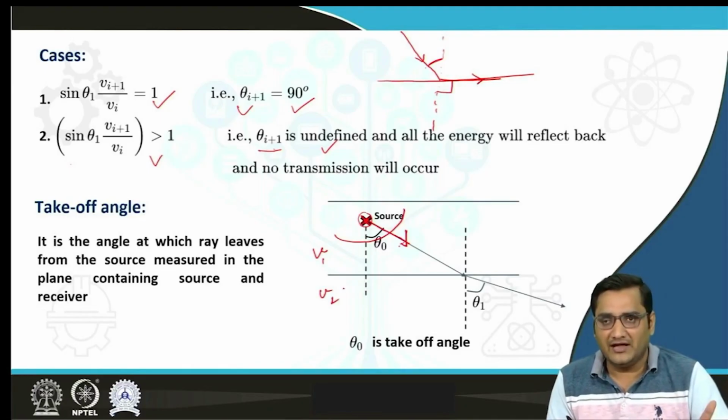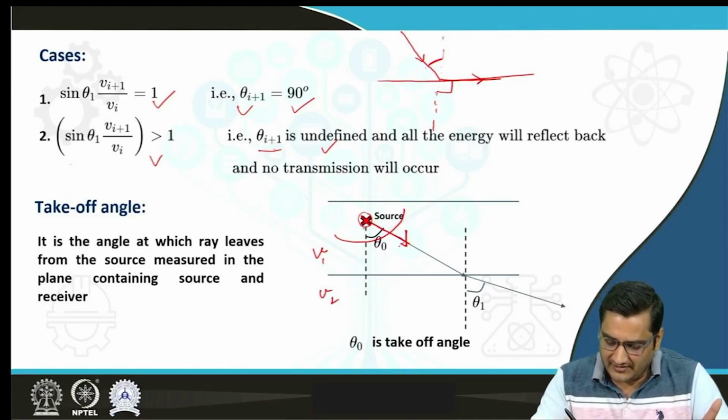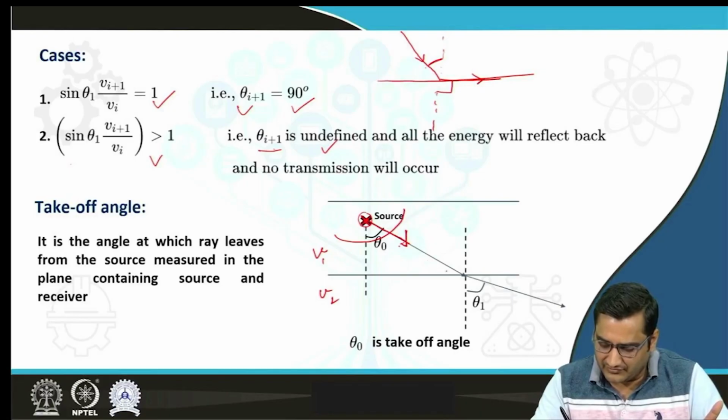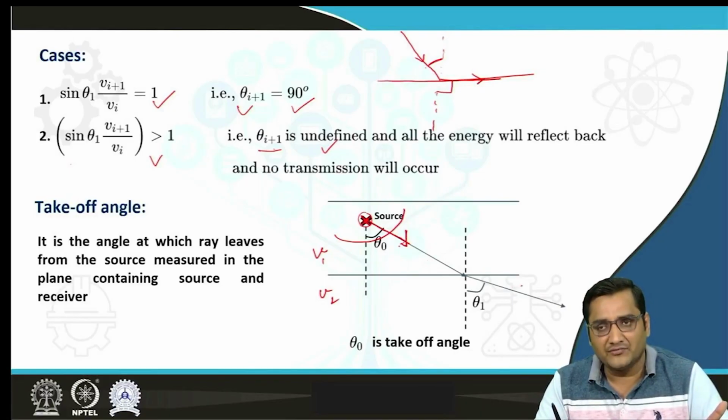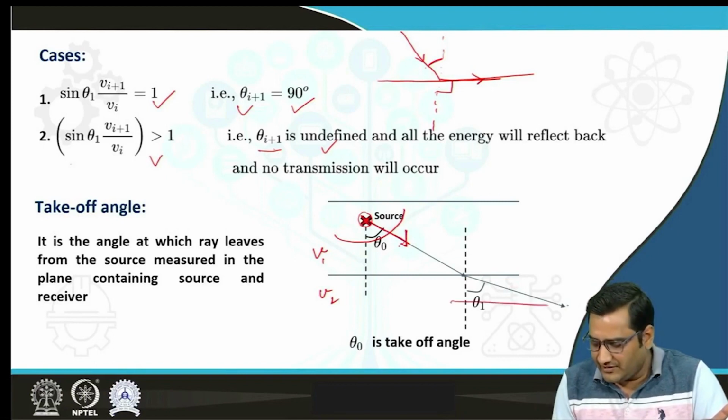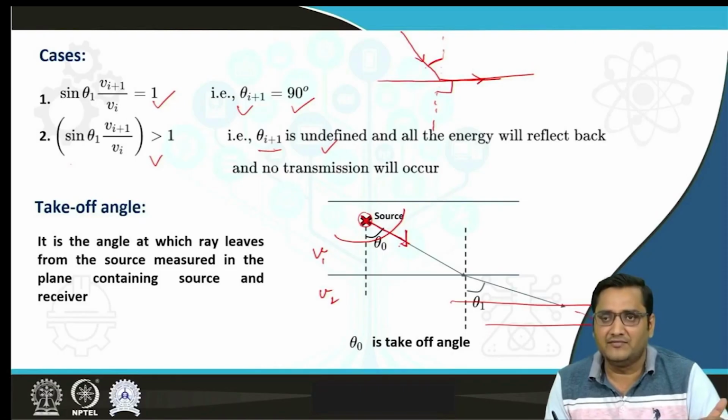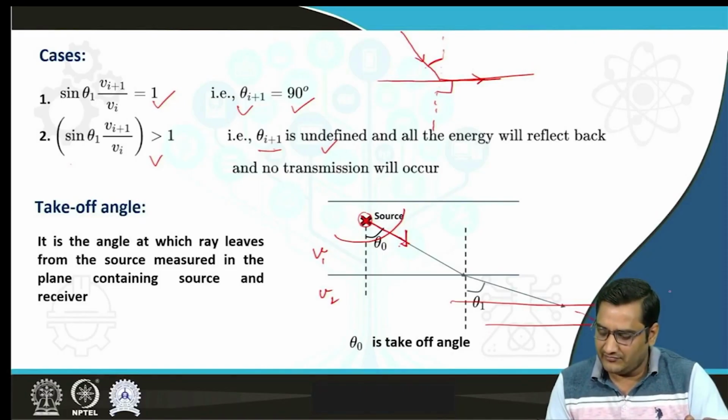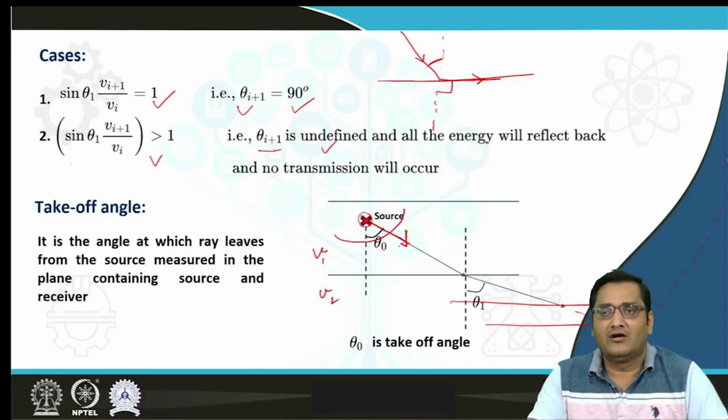So when that happens, as the ray leaves the source and reaches the interface, it will bend away from the normal. Likewise it will keep on bending away from the normal, and one point will come when it will turn up. When it turns up, it will start to refract back onto the surface.